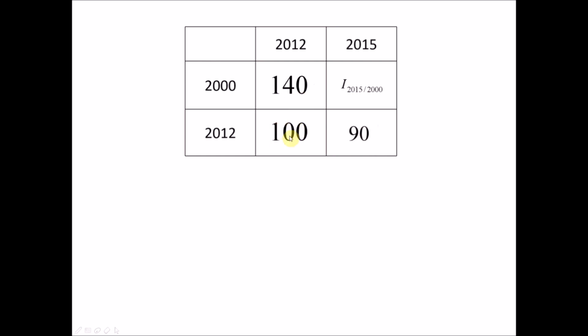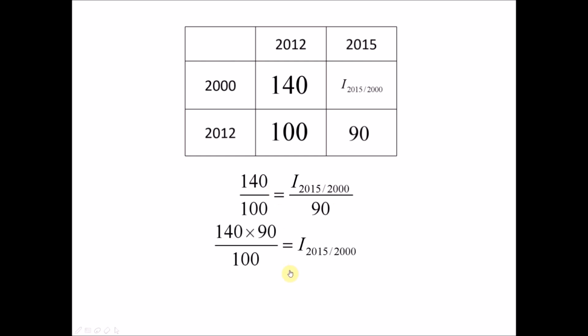If you can build this table and find all the values inside, you can take this divided by this equals this divided by this. Then to find this index number, you just move the 90 to the left hand side, and you get the answer. You calculate this, and you get the answer, which is 126.